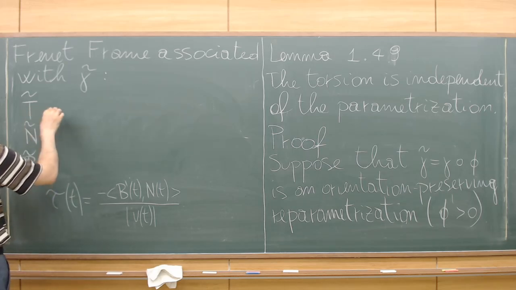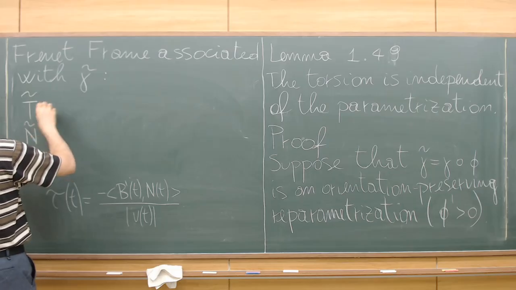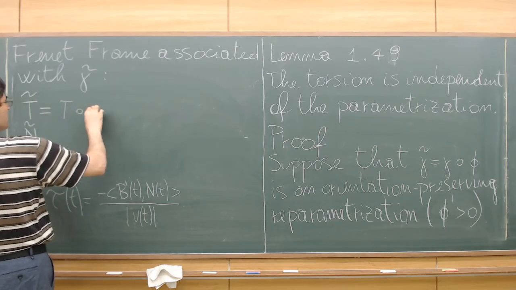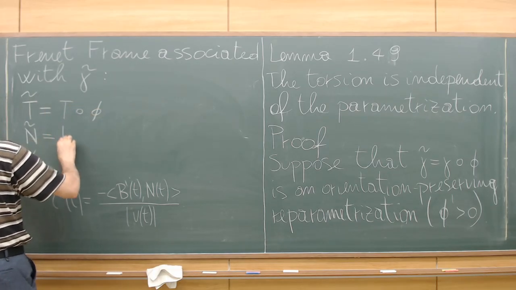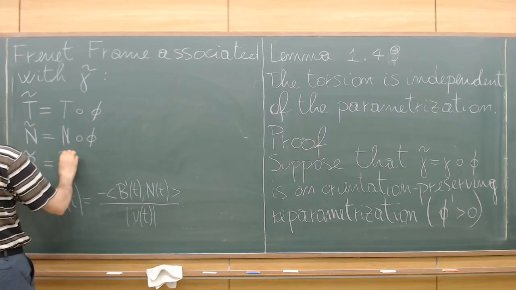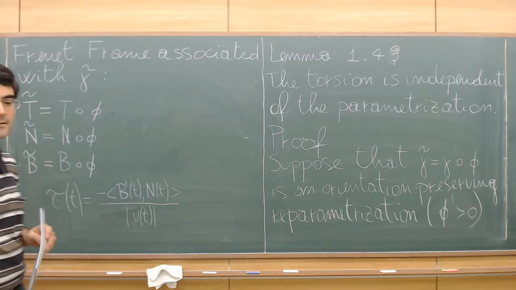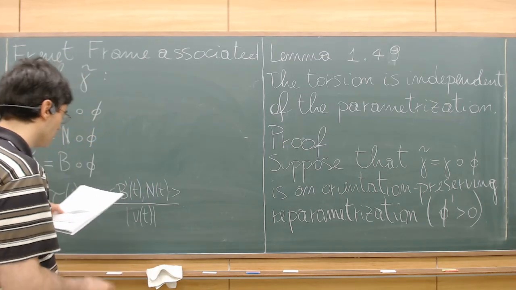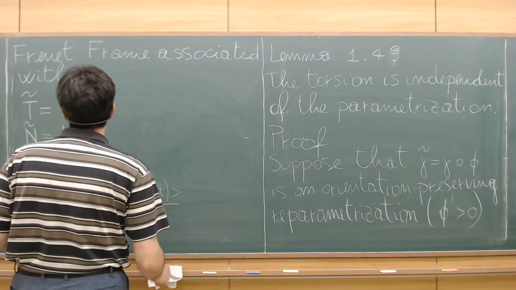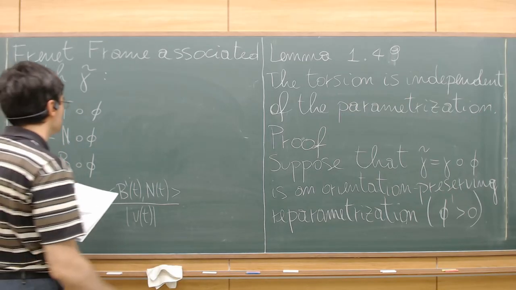We want to show that T tilde is T composed with phi, N tilde is N composed with phi and B tilde is B composed with phi. That is, the Frenet frame is unchanged. Why is this true? So let's start from proving this one.